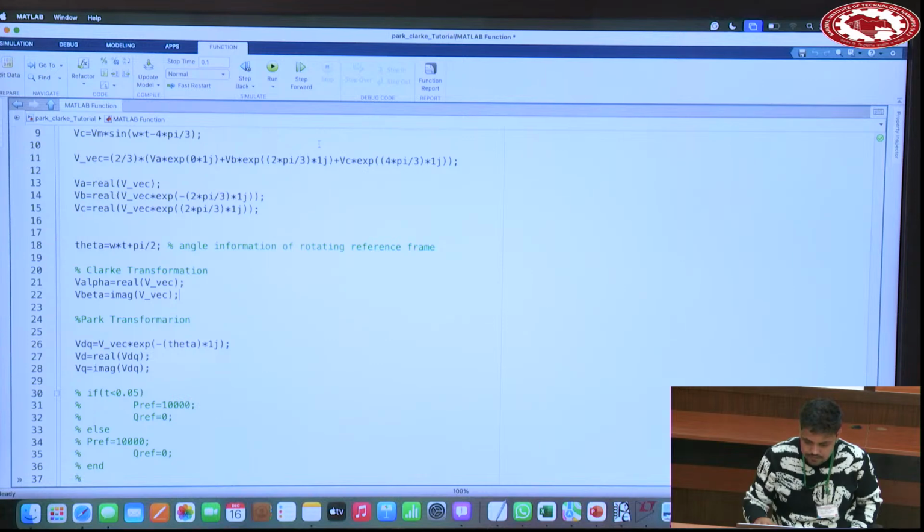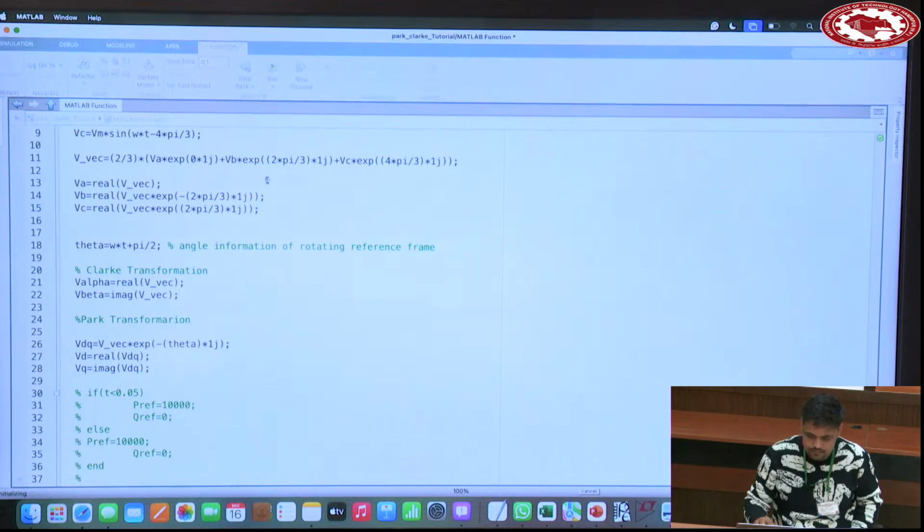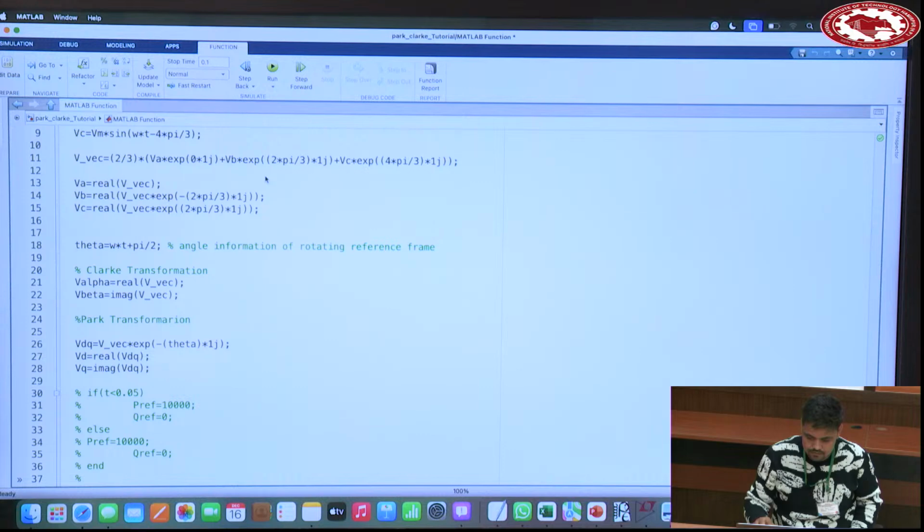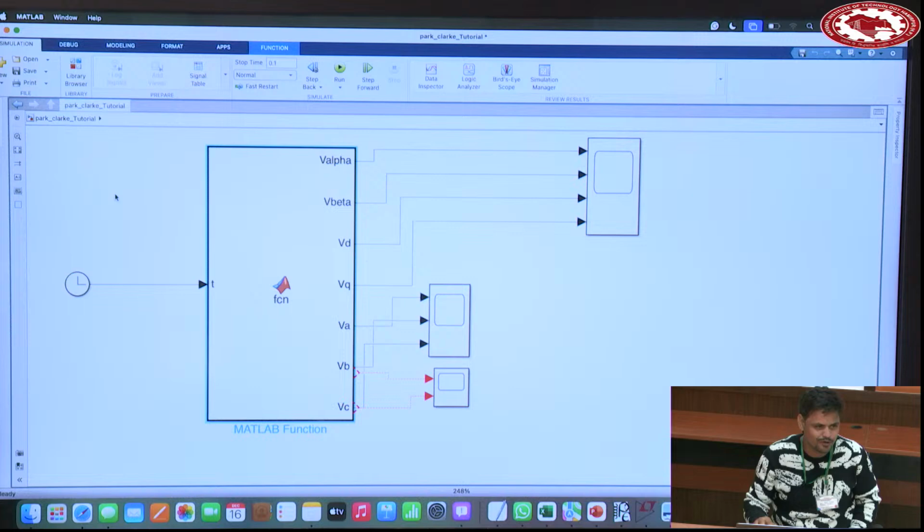Let's verify. The green one belonged to D, the pink one was Q. Now Q should be 0, so the pink one should be 0, and the green one should be the negative peak.